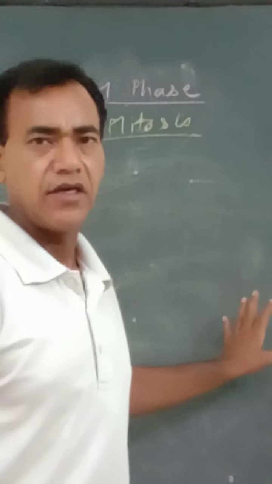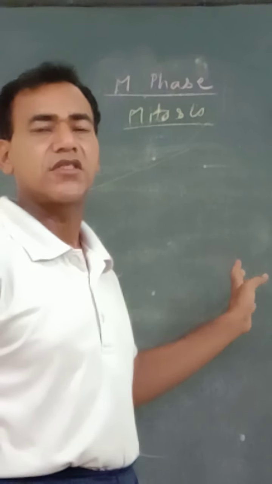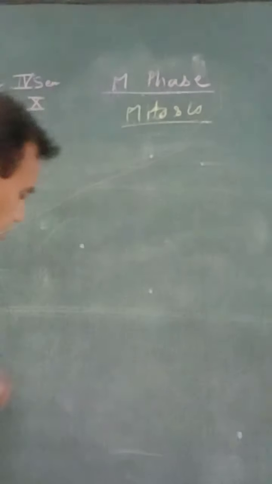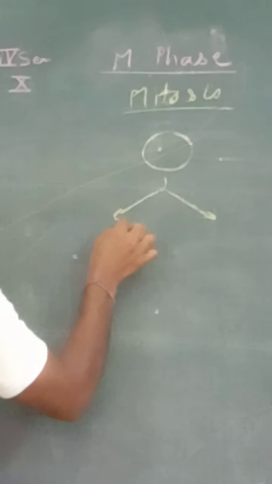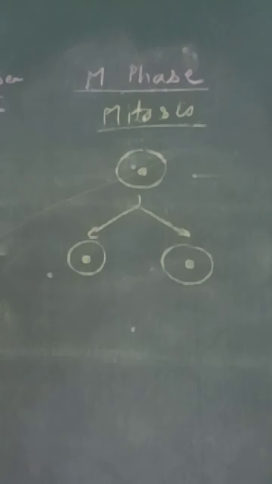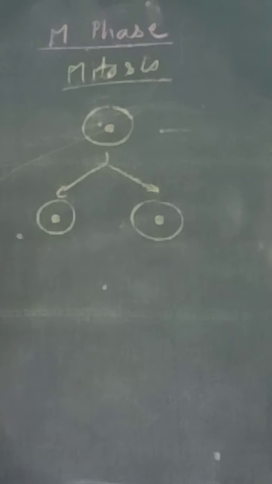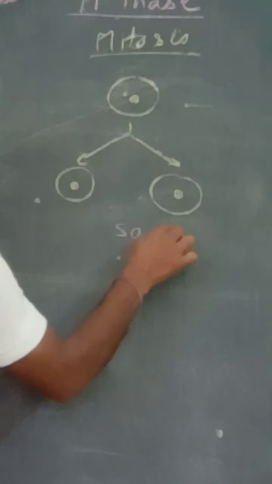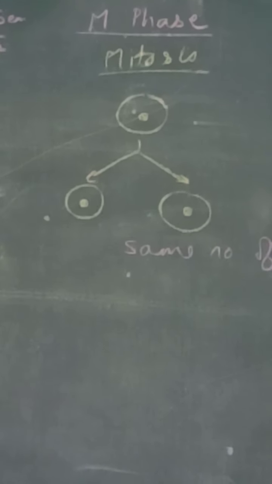It can be defined as any type of division in which the chromatin material is first doubled and then it is divided equally into two daughter cells. So this is what mitosis is. The daughter cells and the mother cell have the same number of chromosomes, there is no change.